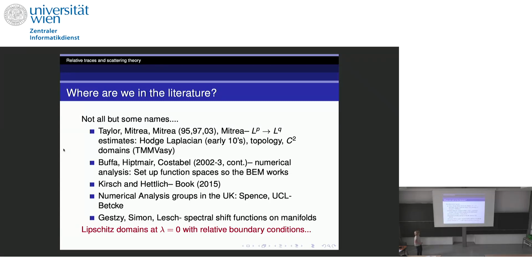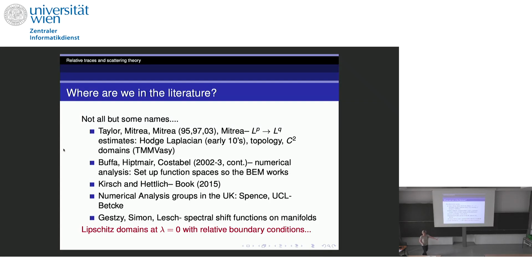I've mentioned Timo Betcke in the UK, who's been doing a lot of the numerics associated to this work on the Casimir effect. And further away, which we won't have time to talk about, are Gesztesy, Steinman, and Lesch. We also have spectral shift formulas, which relate these relative trace formulas to the spectral shift function and also to scattering matrices.